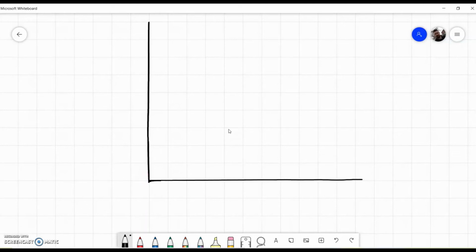Okay, so length will be the easiest one to start off with. I'm going to go across 0.1, 0.2, 0.3, 0.4, 0.5, 0.6, 0.7, 0.8, 0.9, 1.0. That's my length, in meters.